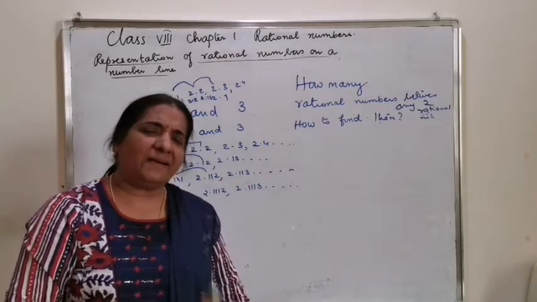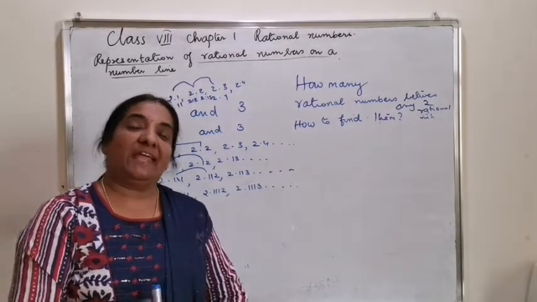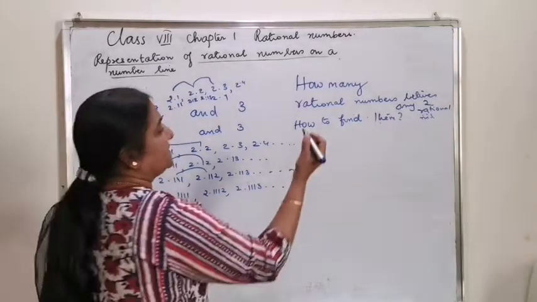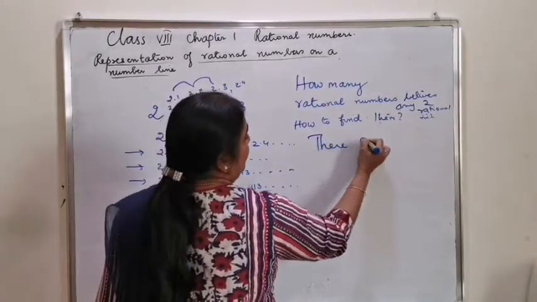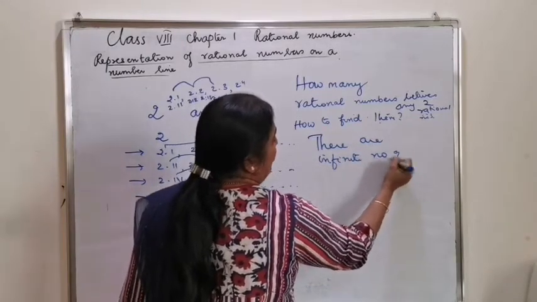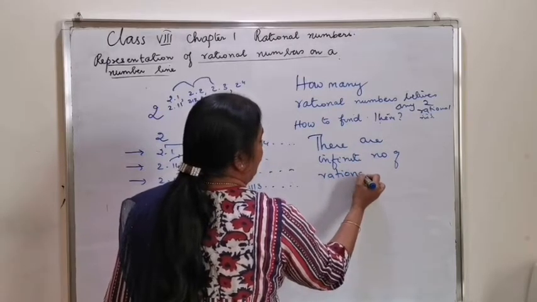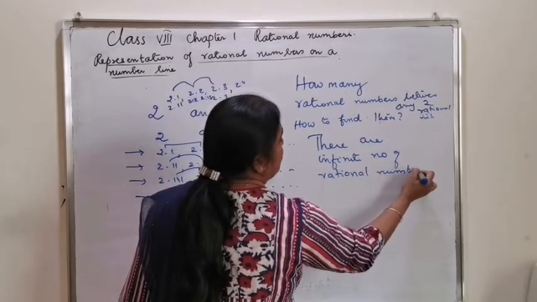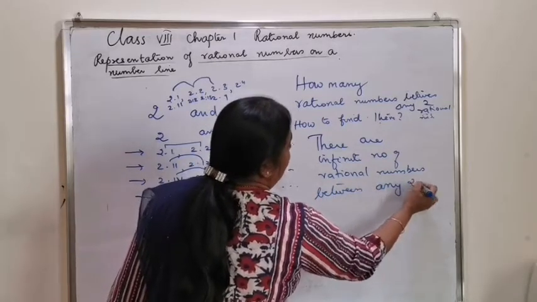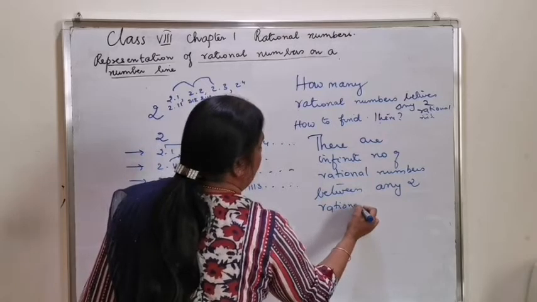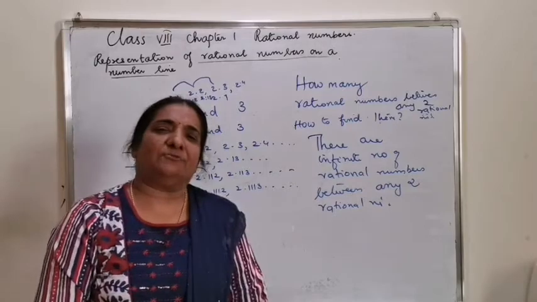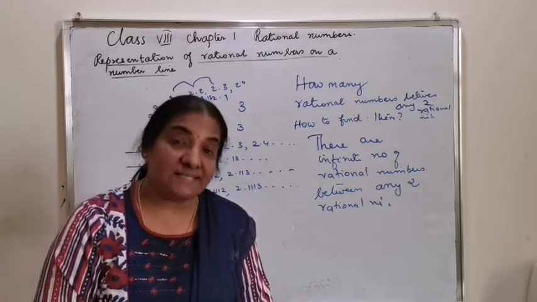This shows very clearly that between any two rational numbers, there are an infinite number of rational numbers. If you represent any example in decimal form, you will understand that.